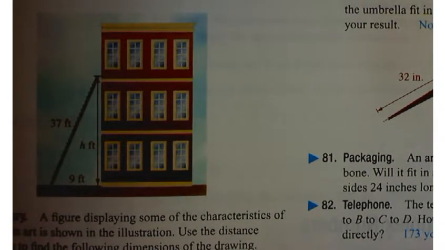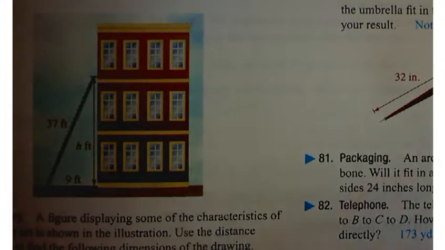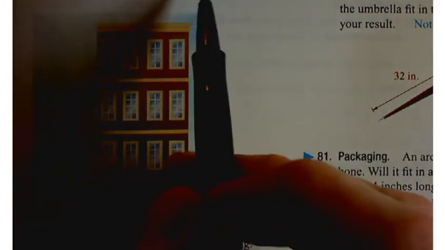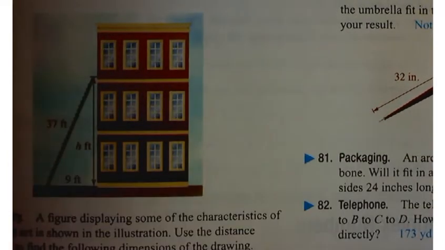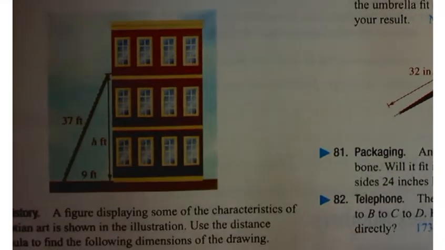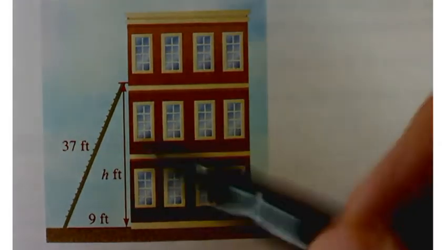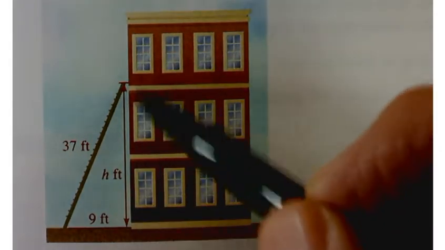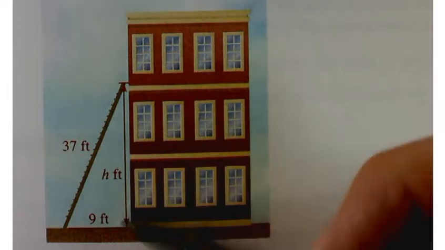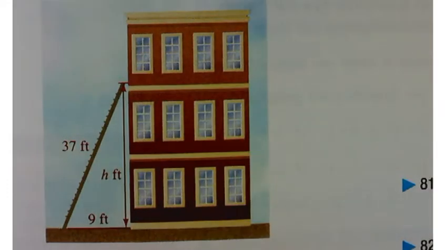In any case, let's see if we can figure out if this ladder is tall enough to reach the height of a 35-foot ledge. So we want to find the height of this and figure out, is it tall enough to reach a 35-foot high ledge?